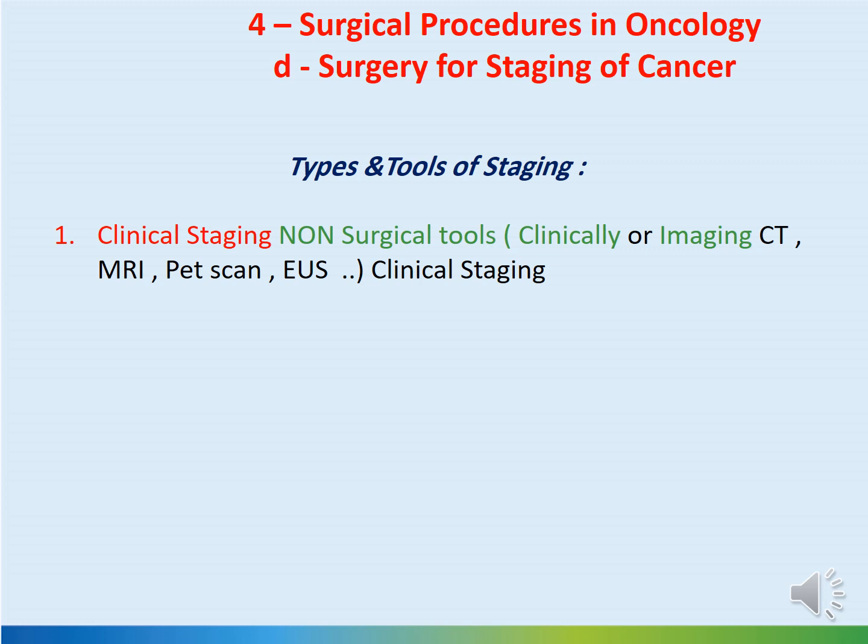In clinical staging, we determine the stage of the cancer before starting any type of treatment, using non-surgical tools. That means by clinical examination or by imaging like CT scan, PET scan, MRI, endoscopic ultrasound, etc. So it's called clinical staging.